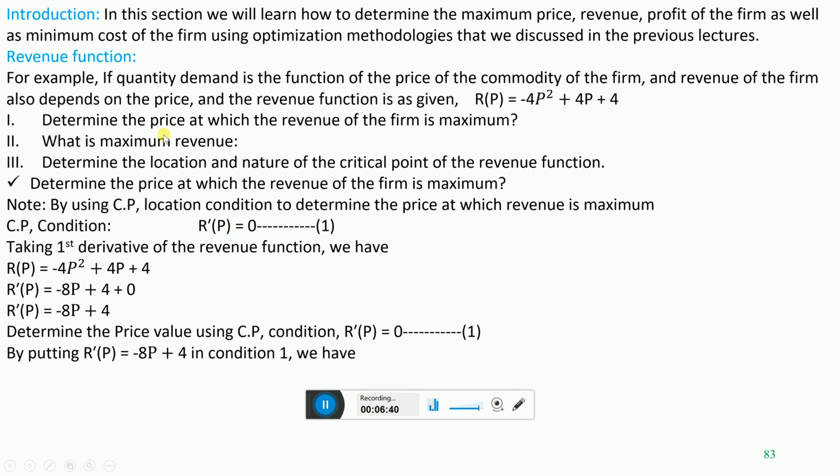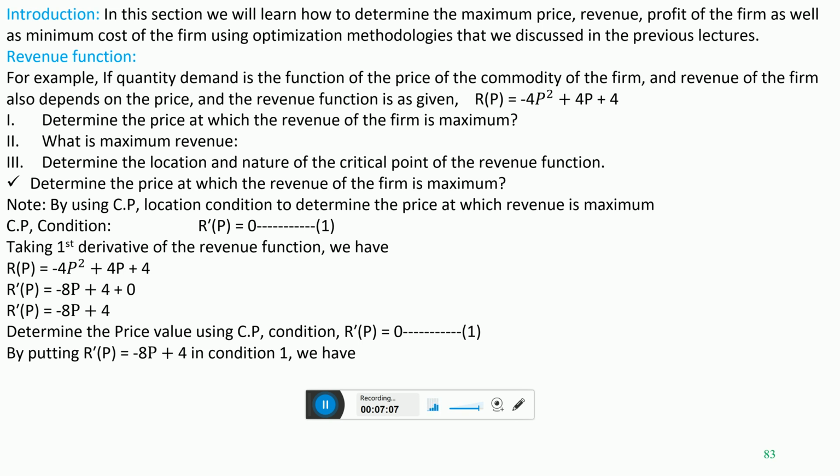Now what is the first part of the question? Determine the price at which the revenue is maximum. So it means we are looking for the maximum possible price at which revenue will be maximum. So we are using the condition of the critical point because critical point is the highest point or lowest point.